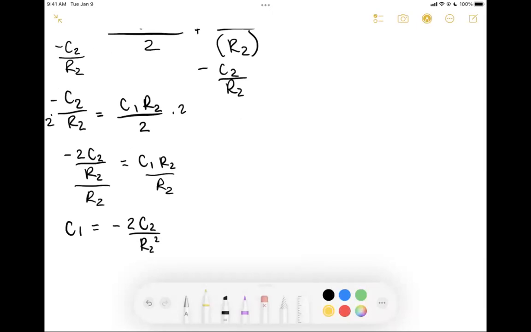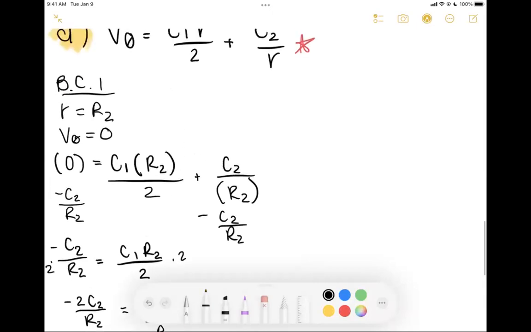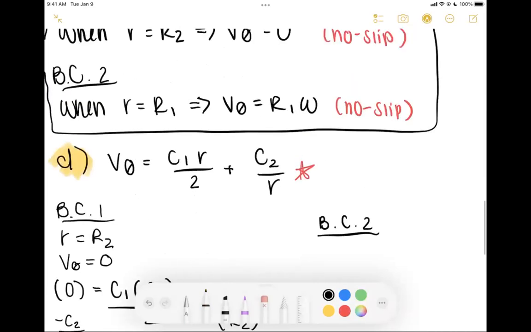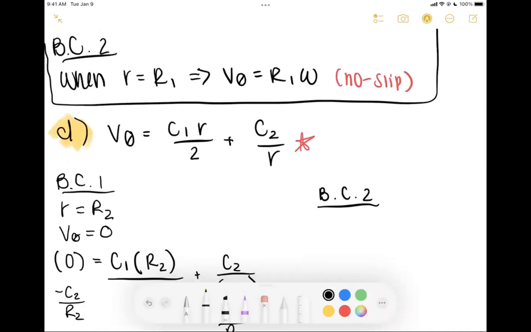I'm going to put a little yellow star next to that because we're going to need it later. And I'm going to move on to boundary condition number 2, which is when R is equal to R1, we have V theta is equal to R1.